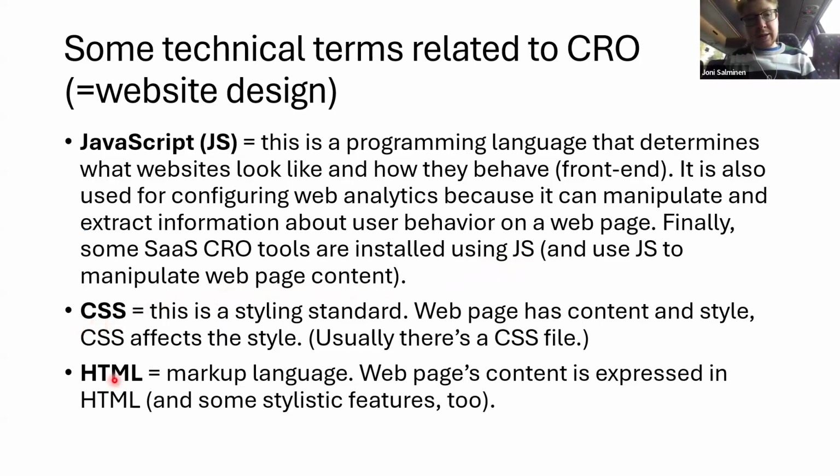And CSS and HTML are basic tools that I have also used to manipulate websites. CSS deals with the styling, so what the fonts look like and so on. So as a marketer, you might want to increase font size and stuff like that. You can do it using CSS. And then HTML deals with the structure of the website.